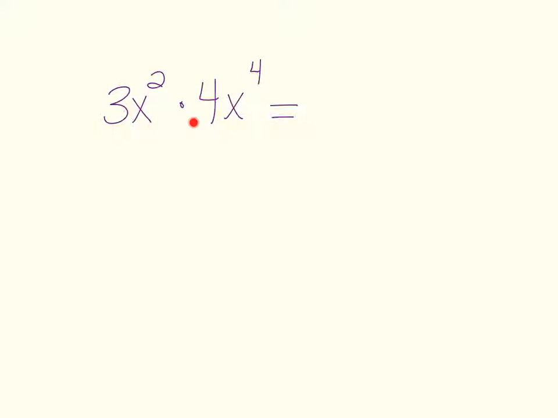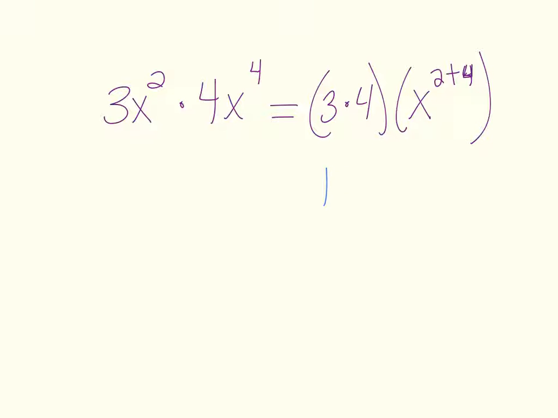If you see an actual number, a coefficient, you're really multiplying those. So this is 3 times 4, and then it's x to the 2 plus 4 power, because we're multiplying the x squared times the x to the fourth, and that's when you add your exponents. So this whole answer becomes 12x to the sixth.